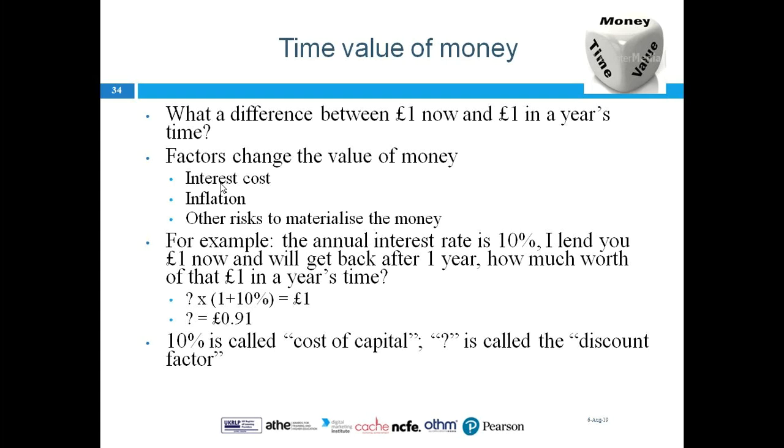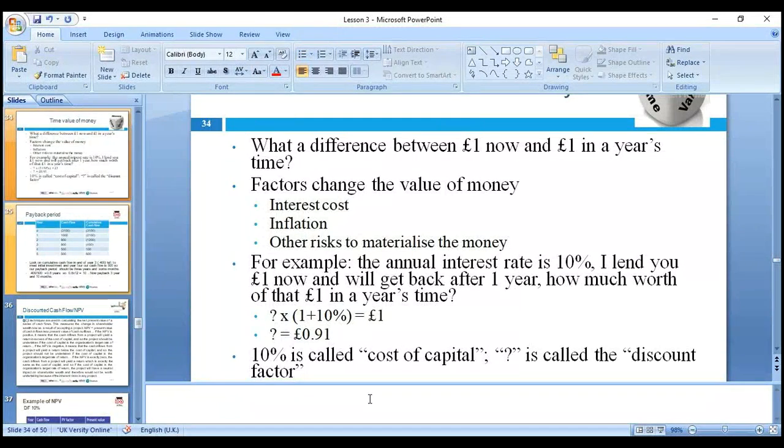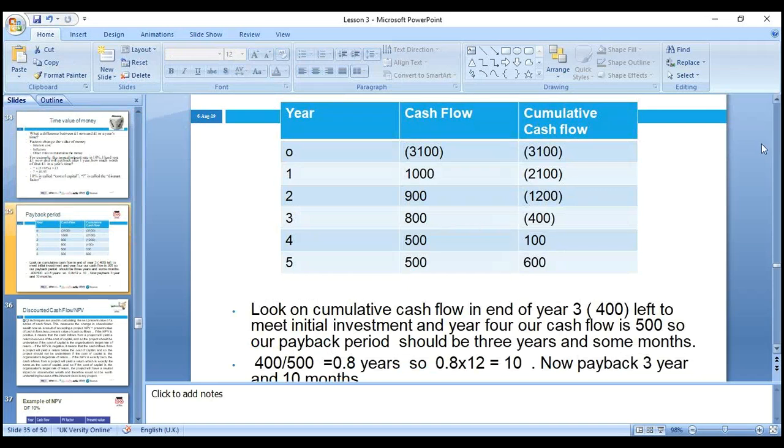So you want to check that your return is higher than these other things, because the value of money decreases every year. So we use the formula called the discount factor formula. Okay, we shall go through the next slide.